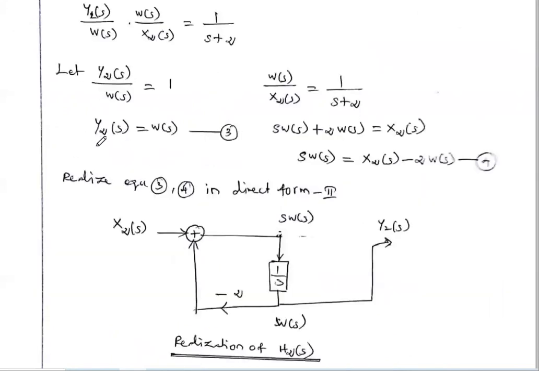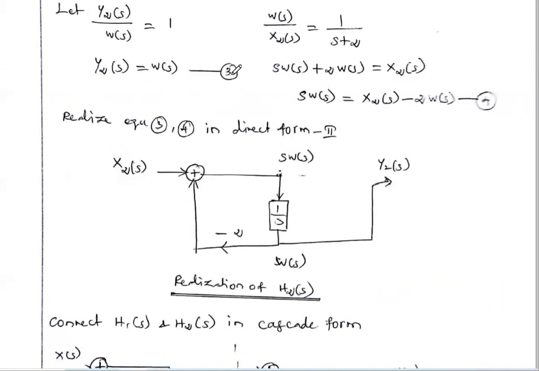So this is one equation: Y2 equal to W of S. And if you cross multiply, S into W of S equal to X2 of S minus 2W of S. Similarly, we have to realize equations 3 and 4 as a diagram.